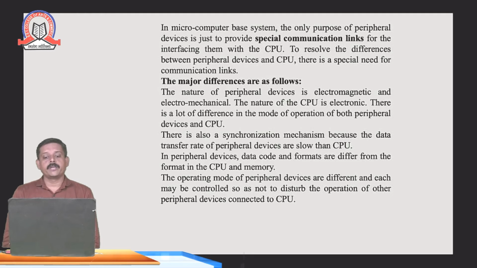The operating modes of the peripheral devices are different and each must be controlled so as not to disturb the operation of the other peripheral devices connected to the CPU. In this case, the different devices connected as peripheral devices won't get disturbed by the commands of other devices.